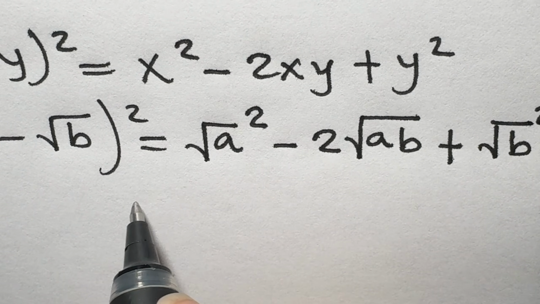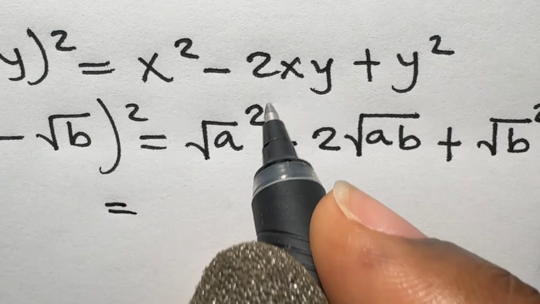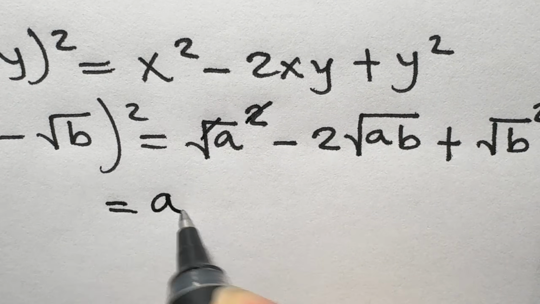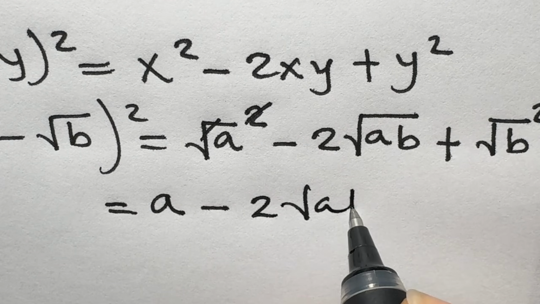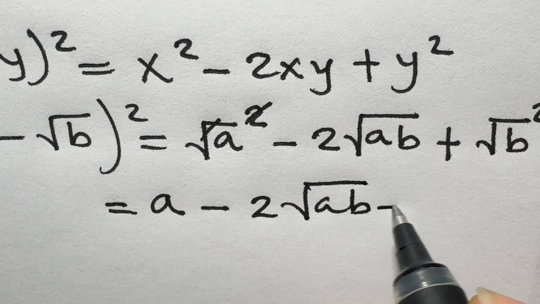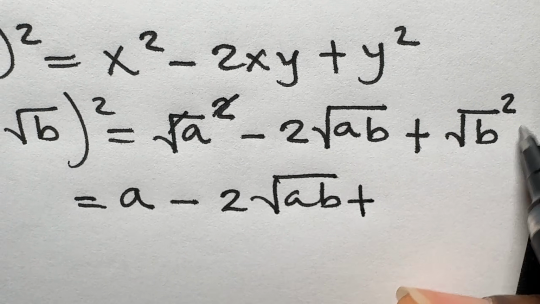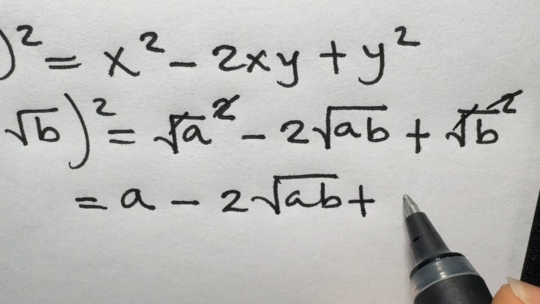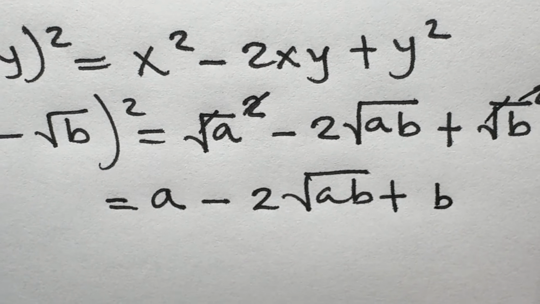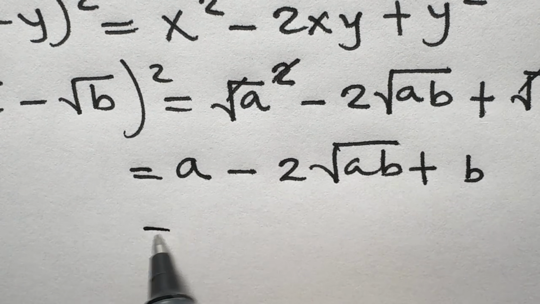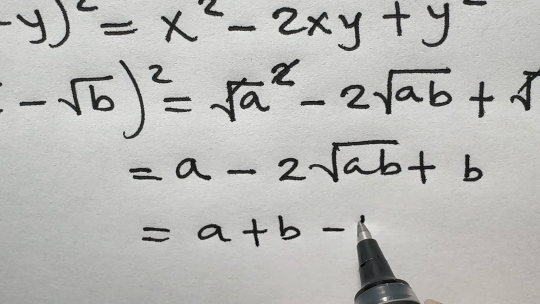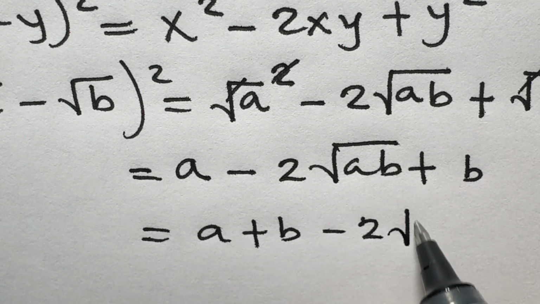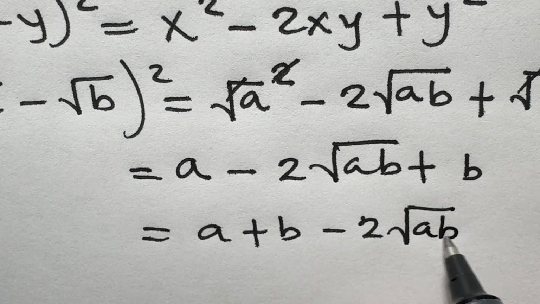We can tidy this up to give us, this cancels this, so we have a minus 2 root ab, then plus this also cancels this, so we have b here, giving us a plus b minus 2 root ab.